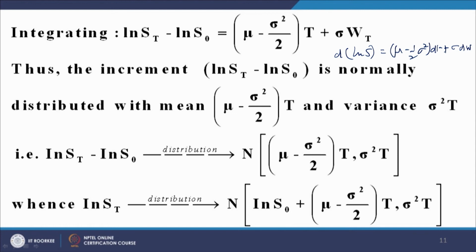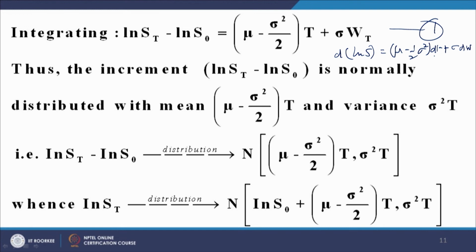Let us integrate both sides of this equation within the limits S t and S 0, and what we get here is equation number 1 on this slide. On integrating this expression that I have written here in ink, what we get is equation number 1.